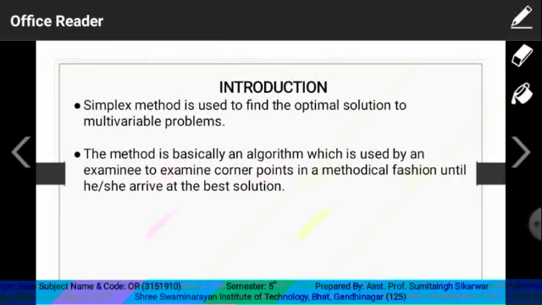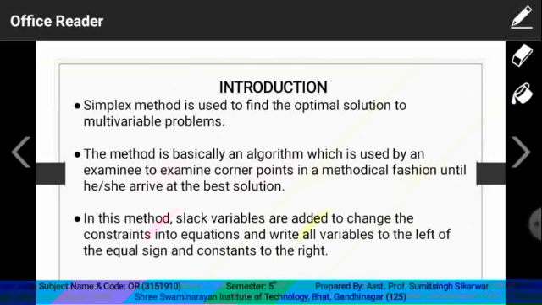In this method, the slack variables are added to change the constraints into equations, and we write all the variables to the left of the equal sign, and the constants to the right of the equation.